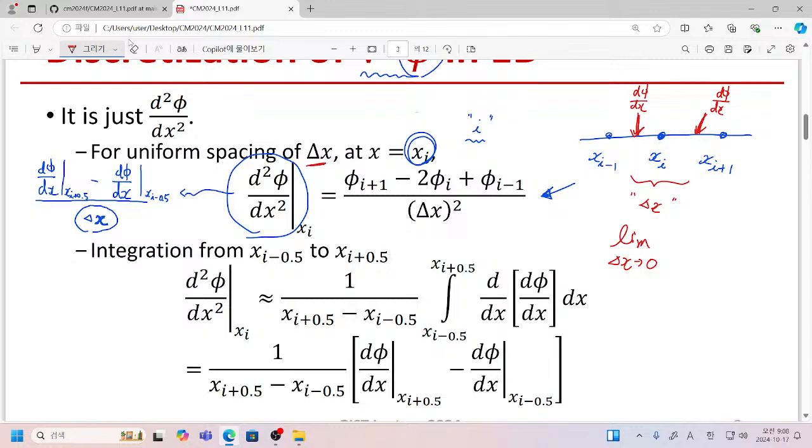However, we have some approximations here. One is that our delta x cannot be an infinitely small value. So this is a finite difference, a finite value. And also here we define the first derivative at a middle point and another middle point. However, unfortunately, even this first derivative cannot be calculated accurately, only in an approximate way.